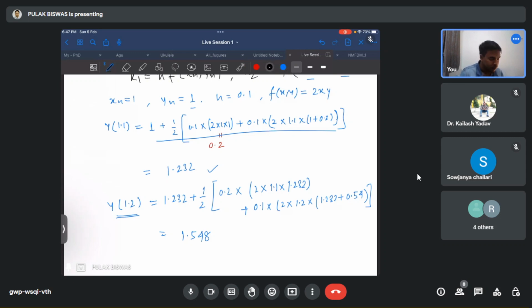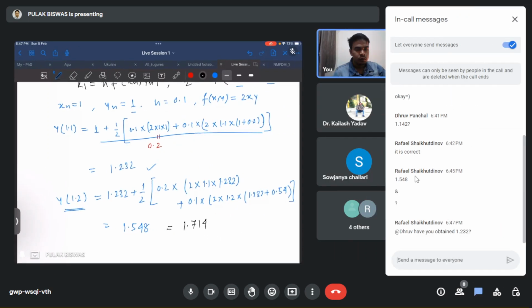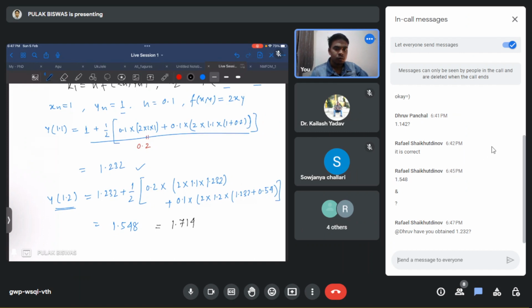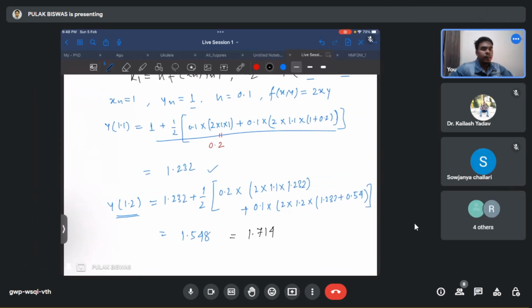I am getting 1.714. Am I correct? Can you recheck?